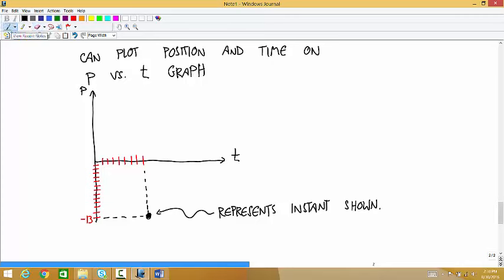And if you know the position at every instant, instead of just plotting a single point, you can plot the whole function that represents the object's position as time goes by. Just like in math classes, where you've done a lot of math based on functions and how the independent and dependent variables relate to each other, we're going to do the same things with position and time.